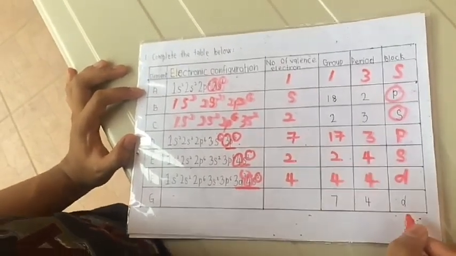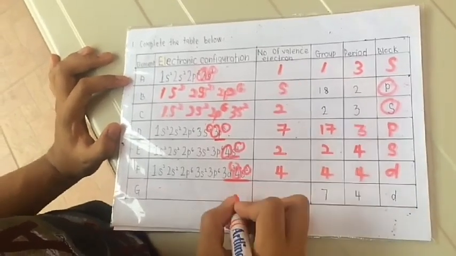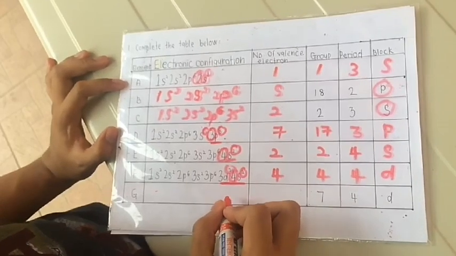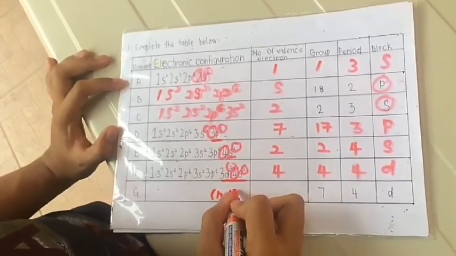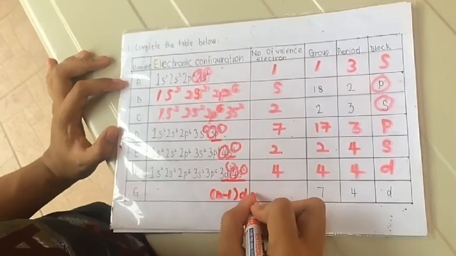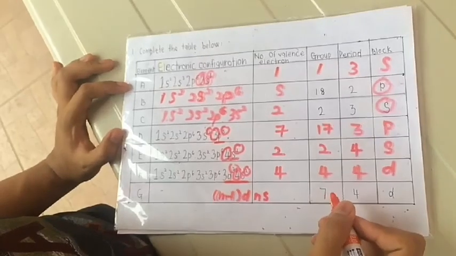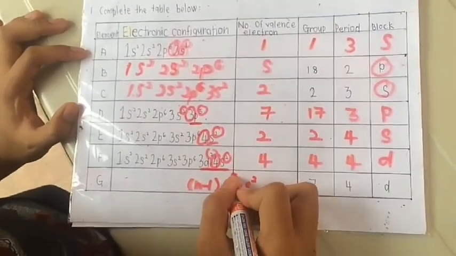For element G, we need to determine the electronic configuration and number of valence electron. So we already know the block is D block, so we write the valence electronic configuration first. So (n-1)D and S. So the group is 7, 2, 5.